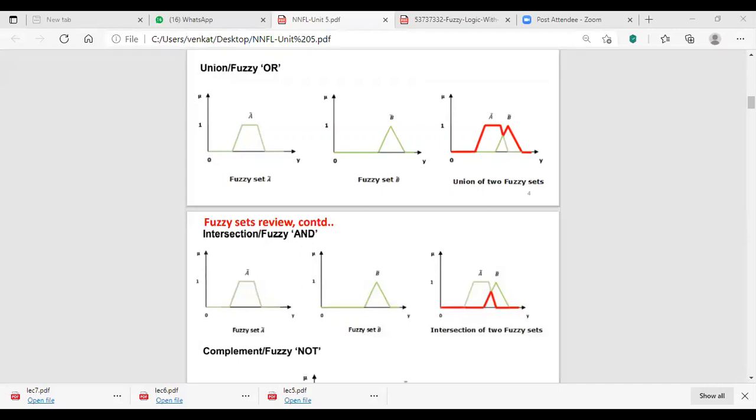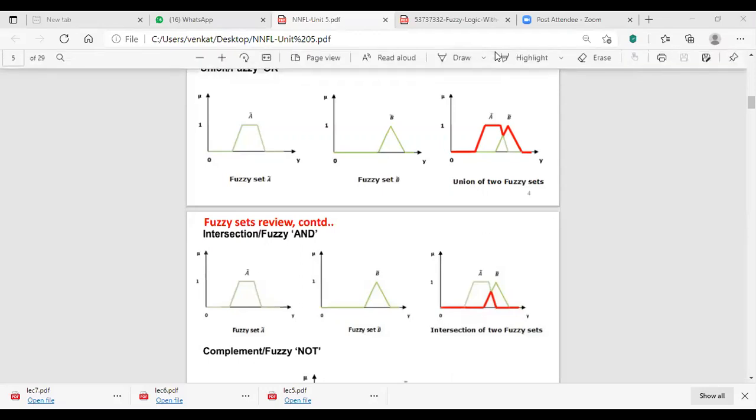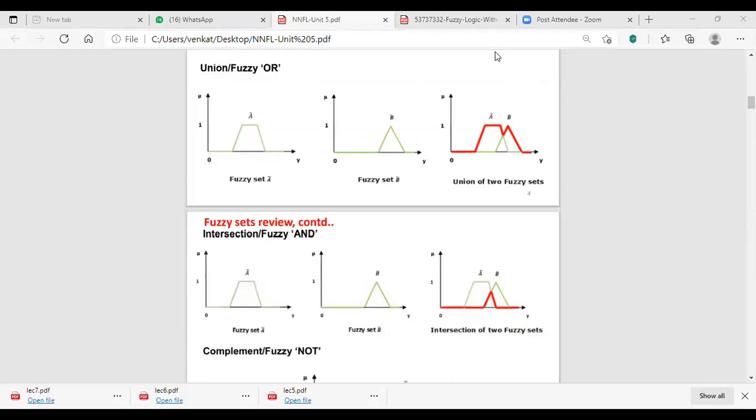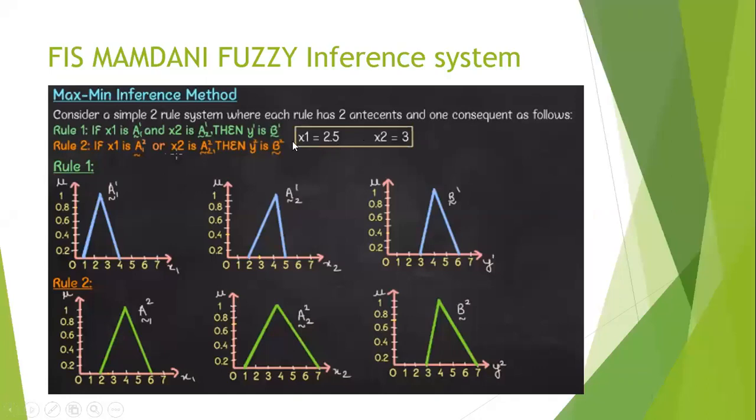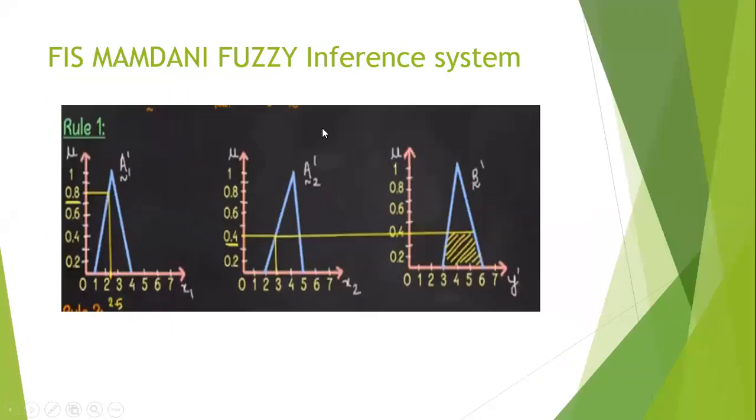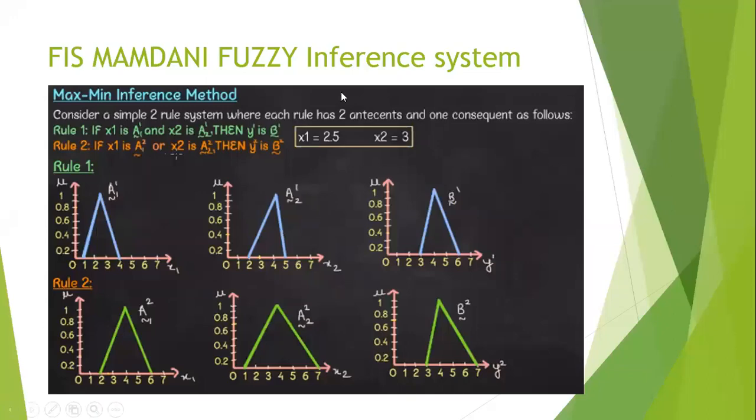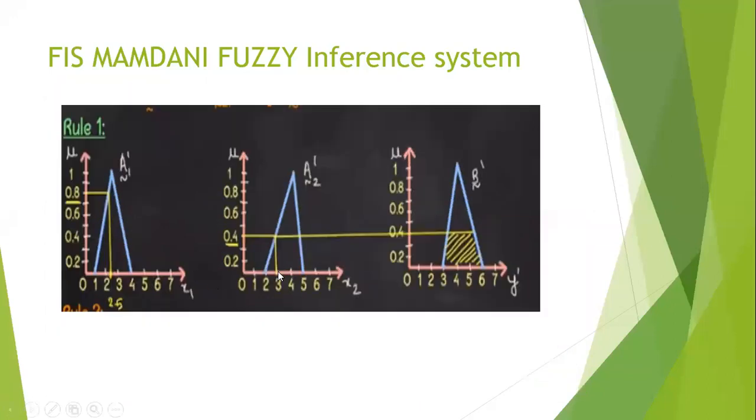So from your basic fuzzy rules, you are having your membership function values. Your x1 value is mentioned as 2.5, x2 is 3. Pertaining to 2.5, the corresponding membership function value is 0.8. Pertaining to x2 3, the membership function value is 0.4.